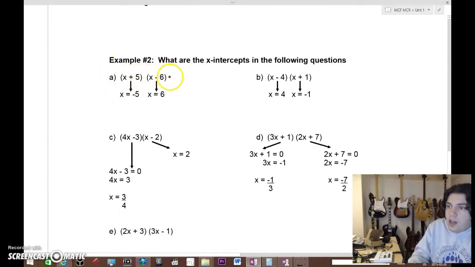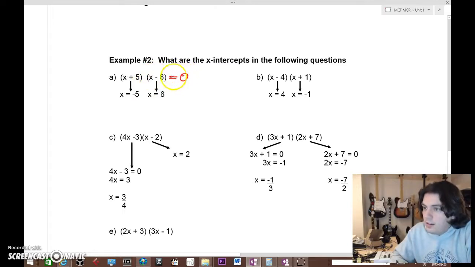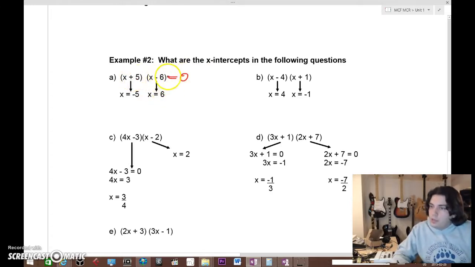We're going to say x plus 5 times x minus 6 equals 0, and there's 2 ways we can do that. We can make the x plus 5 term equal to 0, or the x minus 6 term equal to 0. To make this one 0, we have to put an x value of negative 5 in. And to do this one, we have to put a value of x equals positive 6 in. And either of those will equal 0, and if either of them equals 0, then the whole thing must equal 0. So these are the solutions.